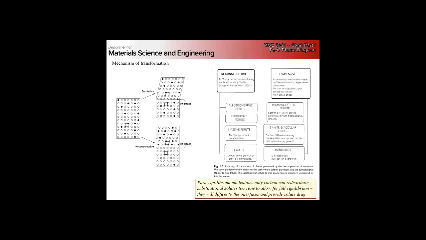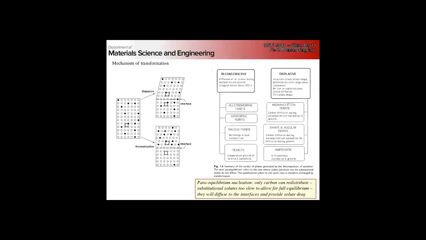And also this concept of paraequilibrium nucleation comes up over and over again as we go through, right? That we're at temperatures where the carbon has really fast mobility, right? The carbon can diffuse easily, interstitials, but the substitutional atoms, the alloying elements, are not going to be able to partition on the same time scale as the transformation, right?